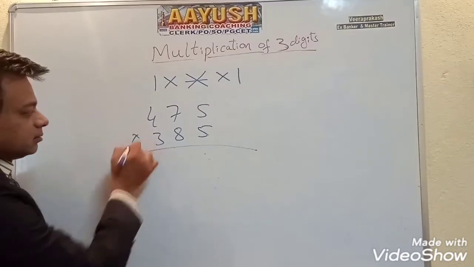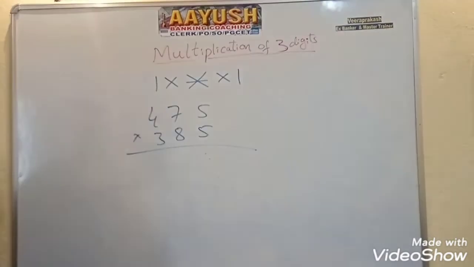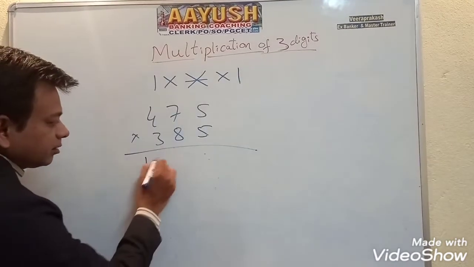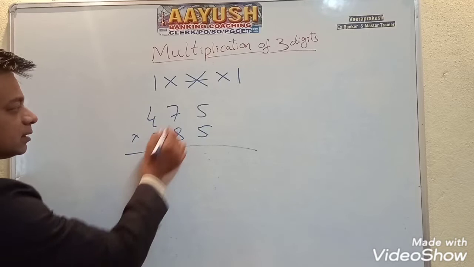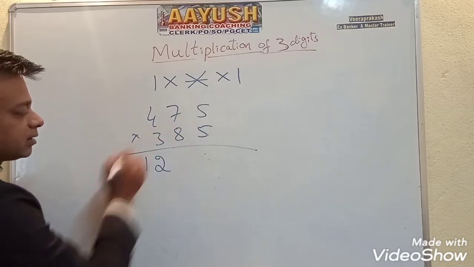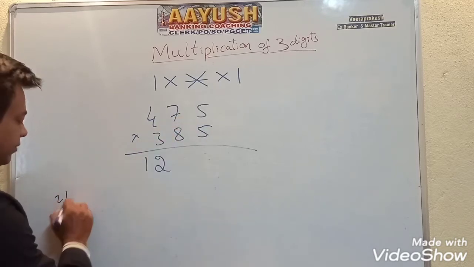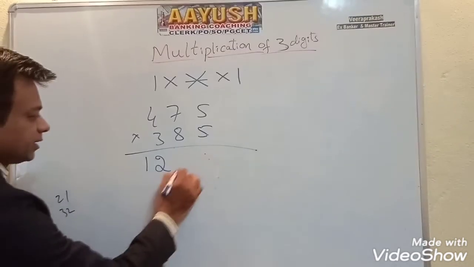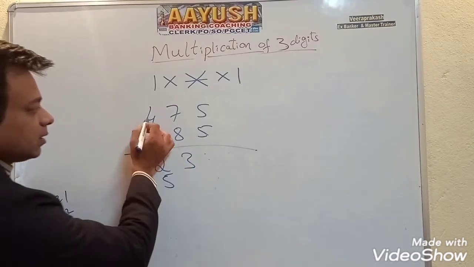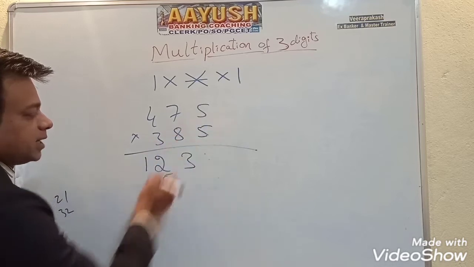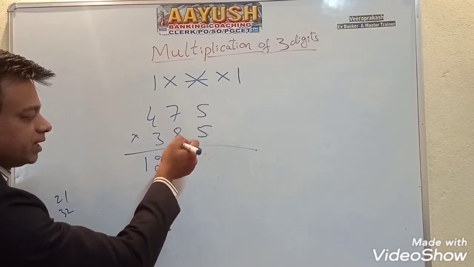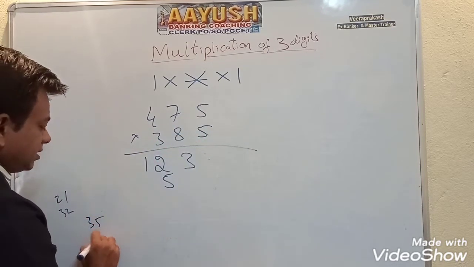Okay, another example, 475 into 385. So 4 3s are 12, 7 3s are 21, and 4 8s are 32. So 21 plus 32 is 53. Now 4 5s are 20, plus 3 5s are 15, 20 plus 15 is 35, and 7 8s are 56.